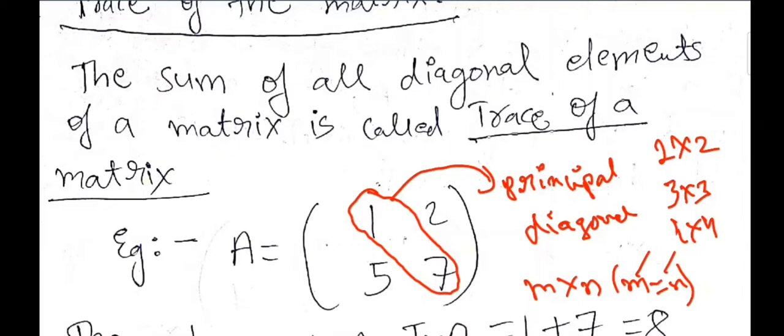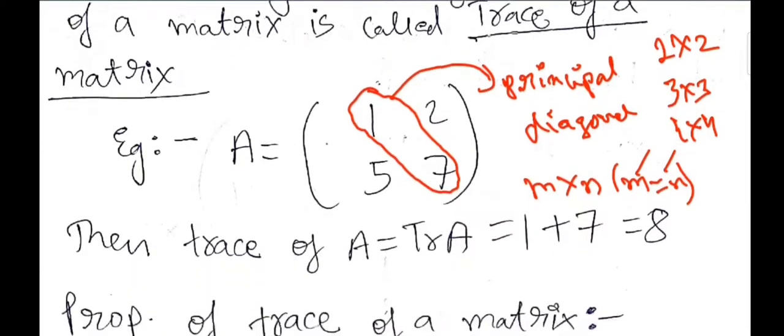And if it is not a square matrix, suppose it is a rectangular matrix, and its principal diagonal can't be determined, then obviously its trace will also not be defined. So for the trace to be defined for a matrix, the matrix must be a square matrix. This is the important condition which we get from here.